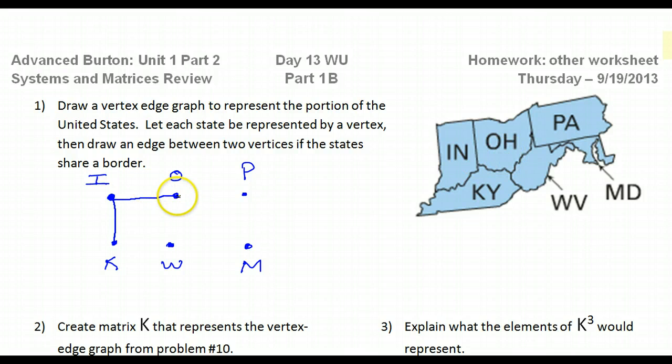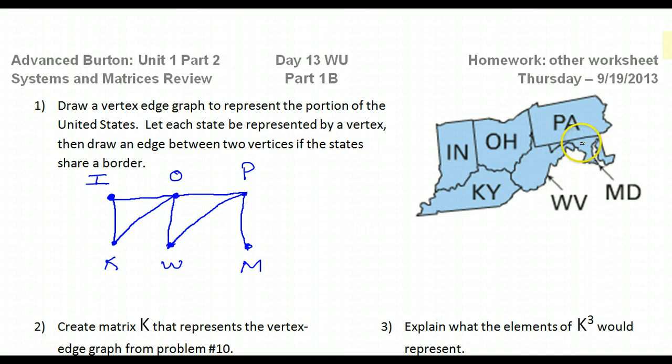So Ohio shares a border with Kentucky and West Virginia and Pennsylvania. Pennsylvania shares a border, of course, with Ohio, but also West Virginia and Maryland. So West Virginia and Maryland.